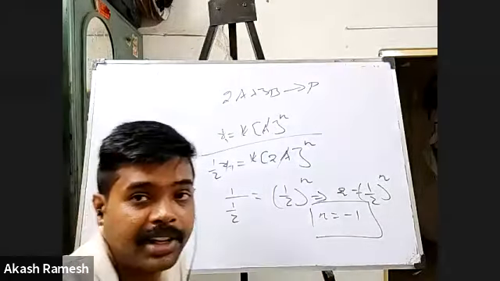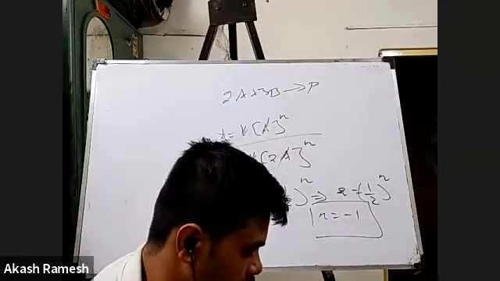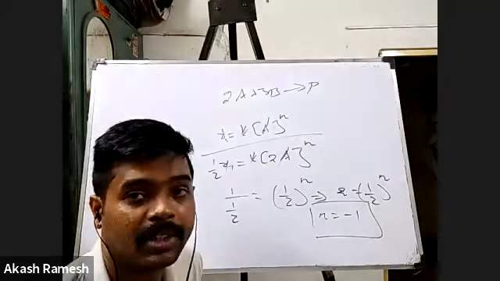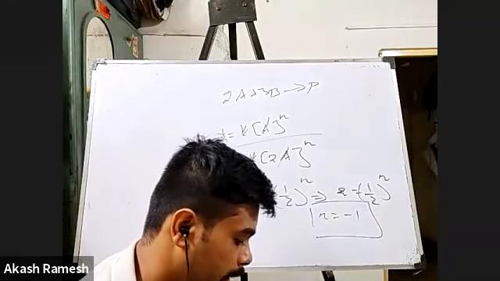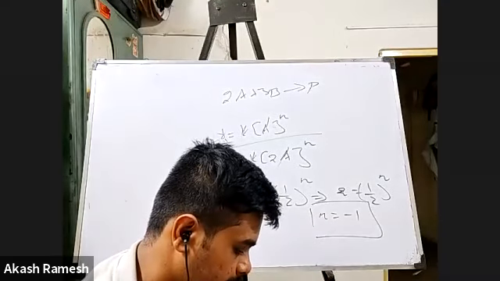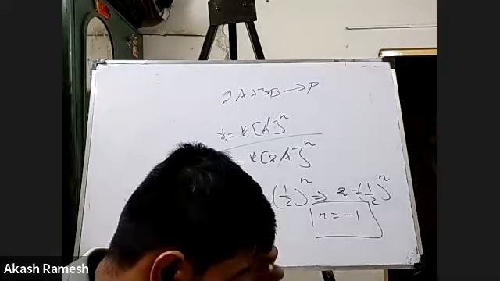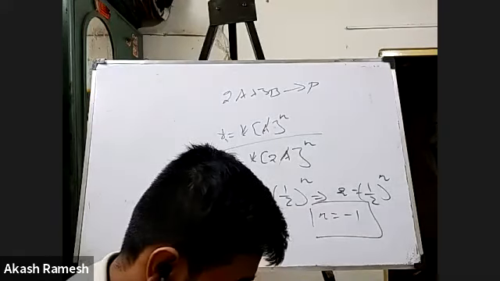A is present in excess, right? For the reaction 2A plus 3B giving products, the reactant A is present in excess, right? Fine.